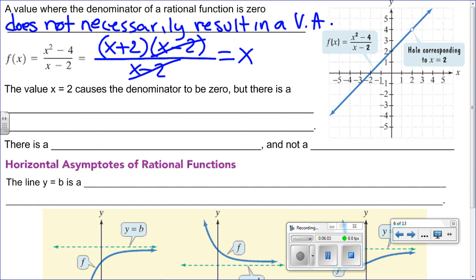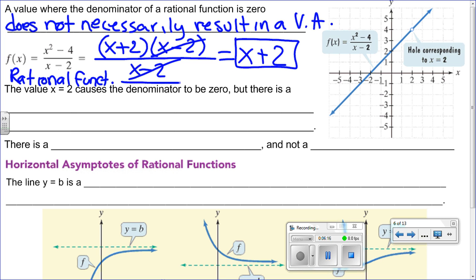So that would turn into x plus 2. We went from a rational function, because it is the ratio of two polynomials, to something that just looks linear.